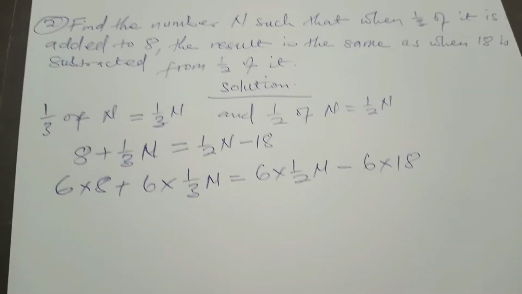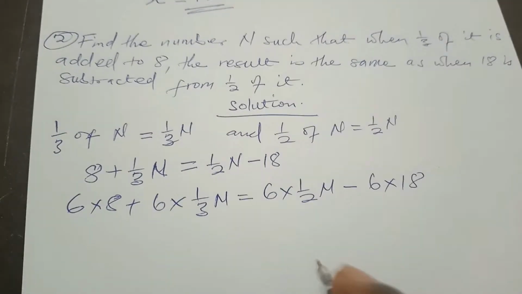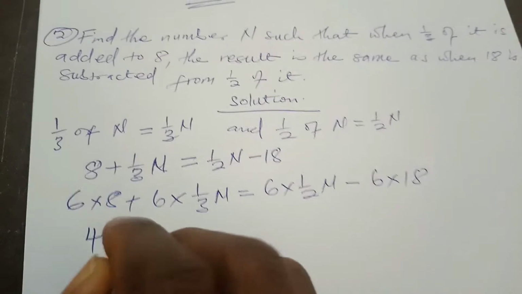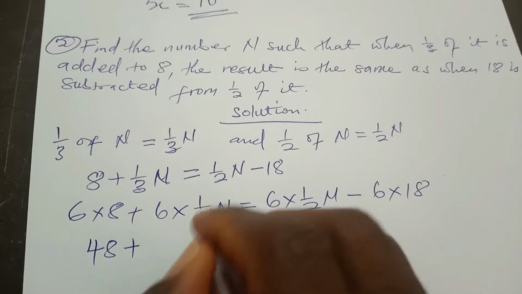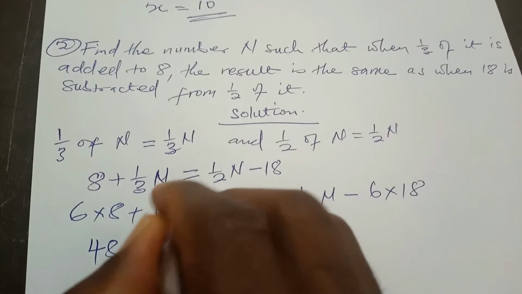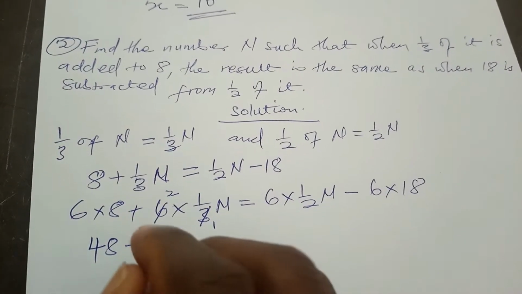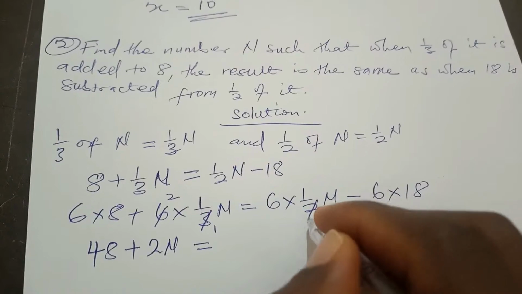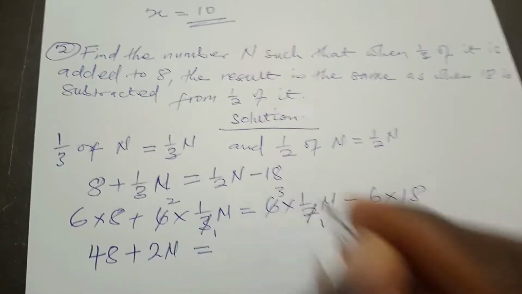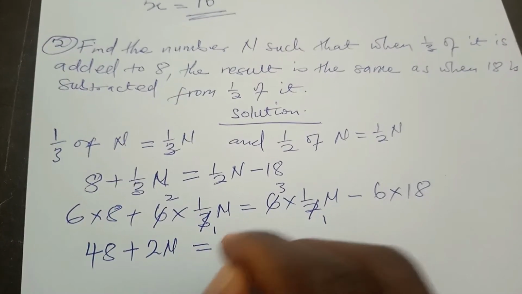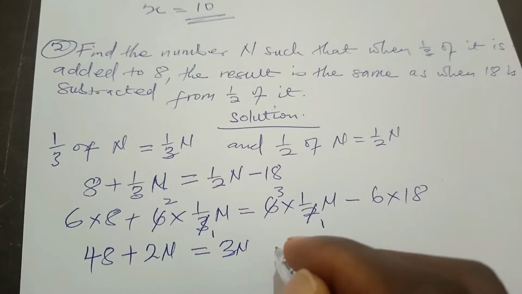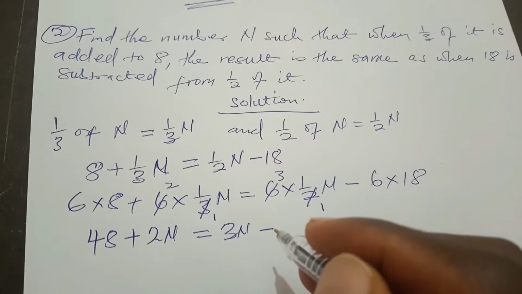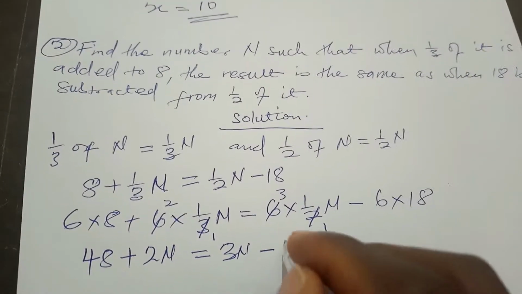All right. So 6 times 8 is 48, plus the 3 will go here, 1 goes here, 2. So 2 times 1 will give us 2n, equals 2 goes here, 1 goes here, 3. 3 times 1 will give us 3n, minus 6 times 18 is 108.